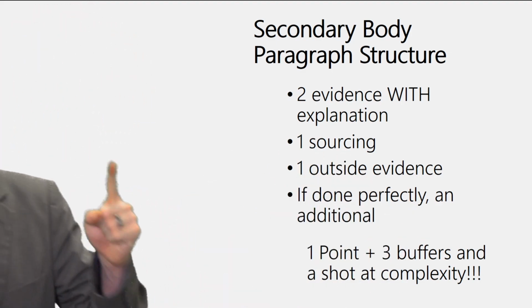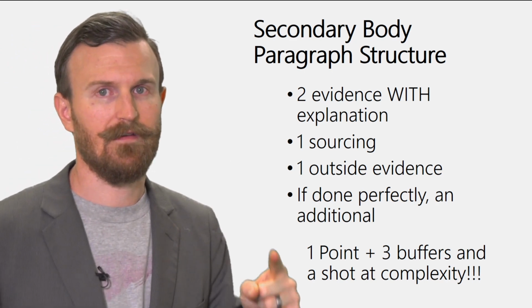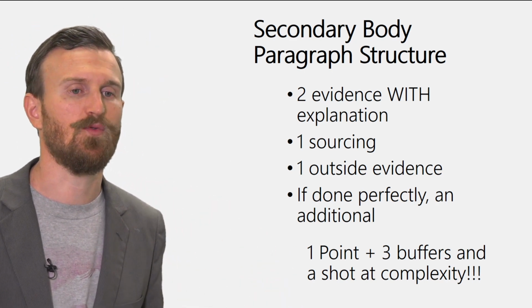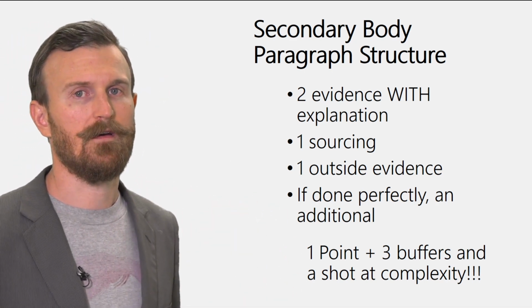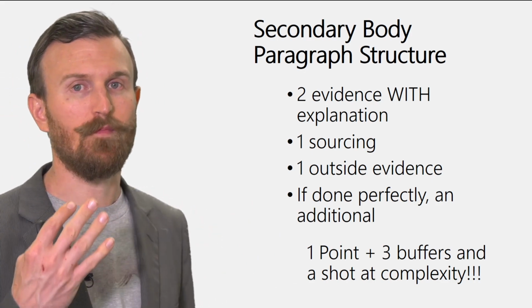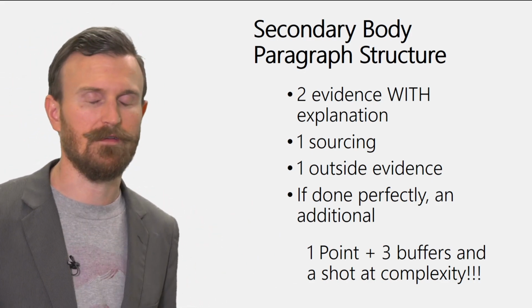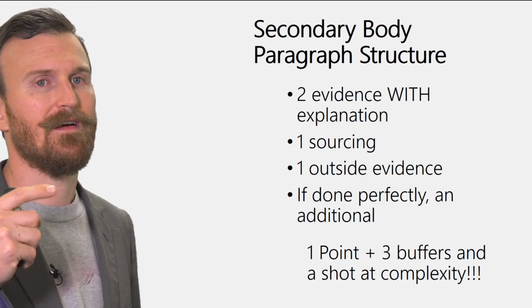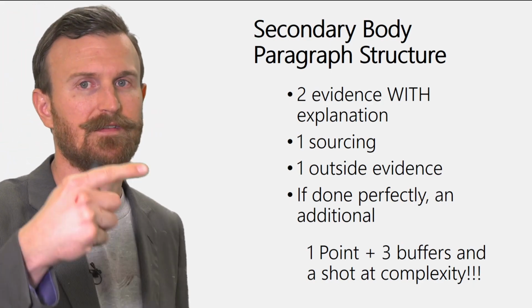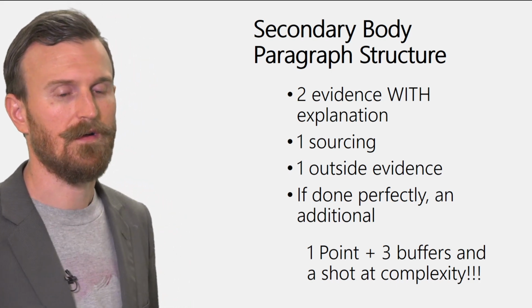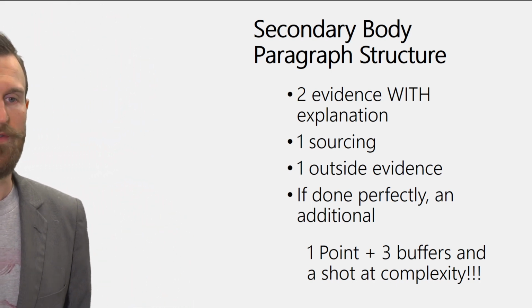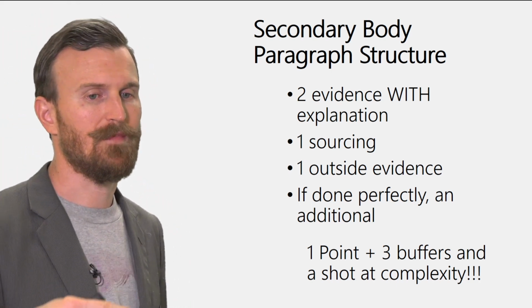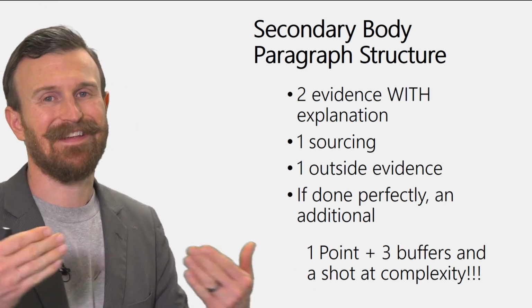So you get 1 point here, and the point that we're talking about is because you will have used and explained 4 pieces of evidence, and the DBQ wants you to use and explain how 4 pieces of evidence support your claim. You'll include 1 piece of sourcing, 1 piece of outside evidence. This is, again, buffer.